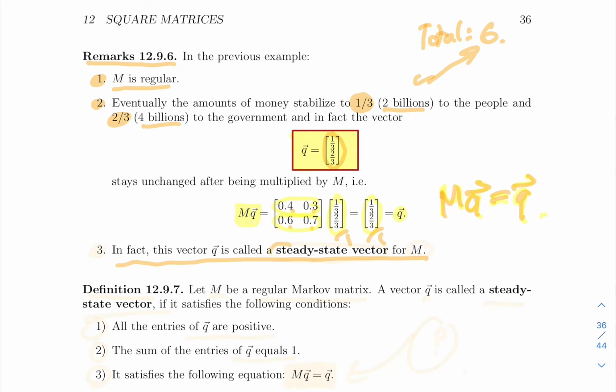It's called a steady state vector. We'll go over the definition in my next part. But this Q vector is called a steady state vector for the Markov matrix. And for us, the steady state vector will be crucial because it will be the key to foreseeing the future of this Markov chain. It's so beautiful. All right, that's it for now.